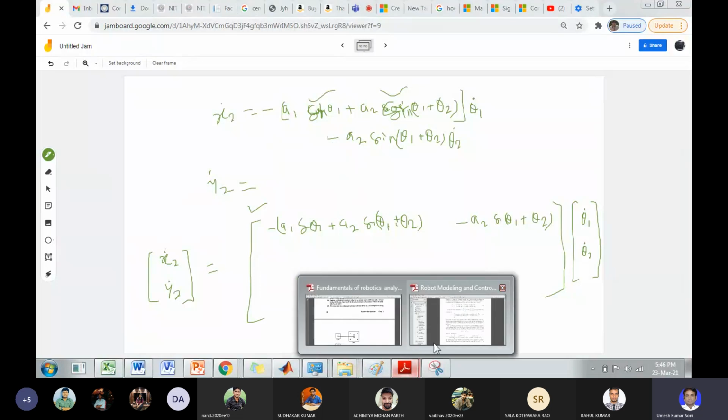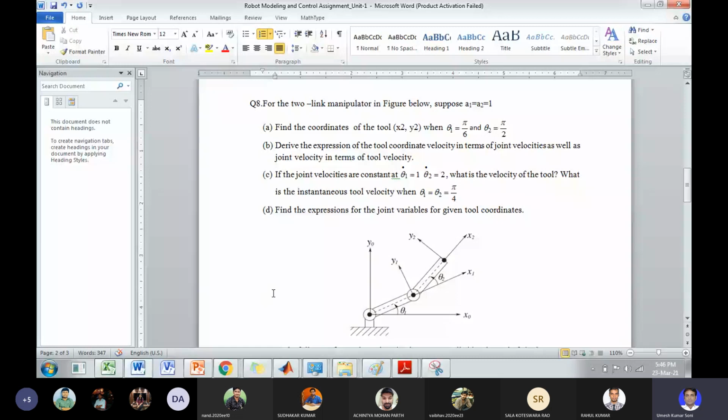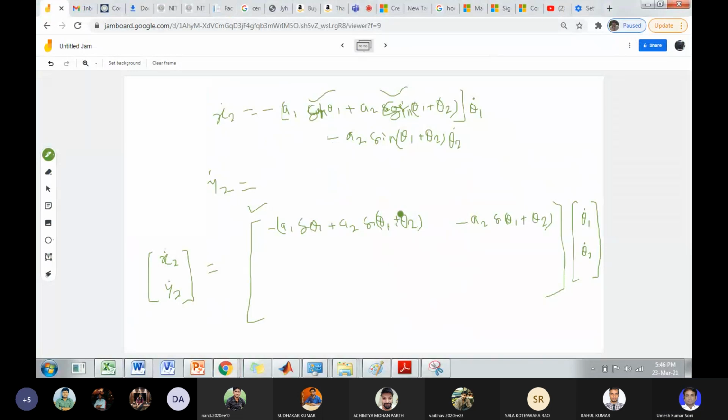ठीक है, तो आप ये जो आपने निकाला है joint velocity in terms of tool velocity. So once you have calculated this J, then you can calculate J inverse using this matrix.